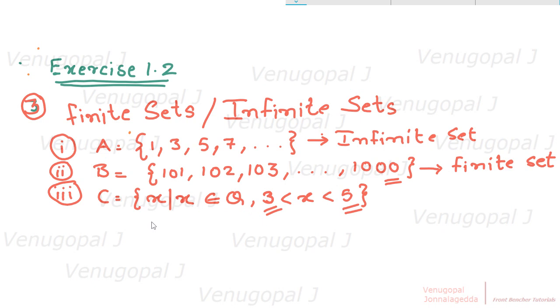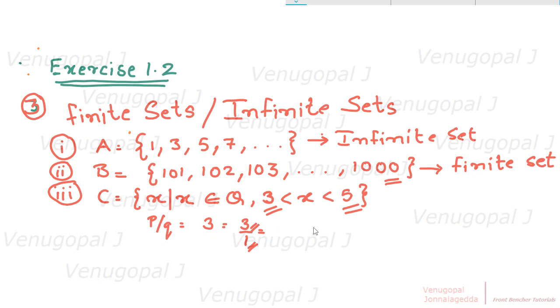If you remember, rational numbers are basically in the form p by q, where q is not equal to 0 and p is an integer. And 3 can also be put as 3 by 1, which is a rational number where q is not equal to 0, it is equal to 1, and p is an integer.